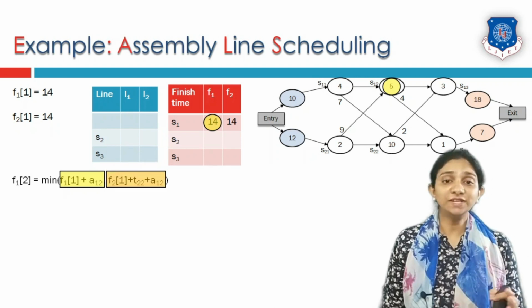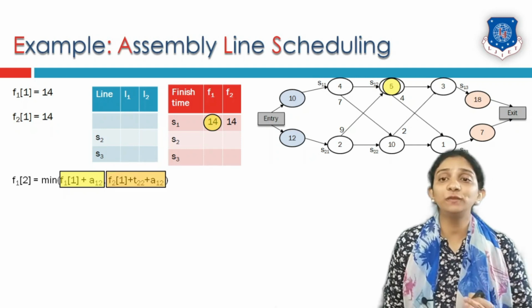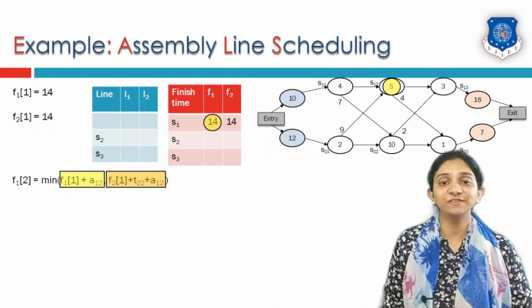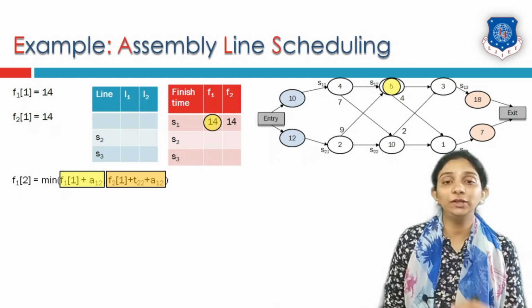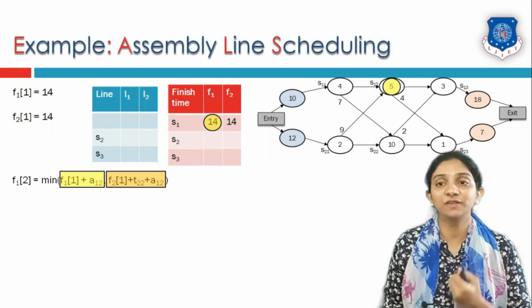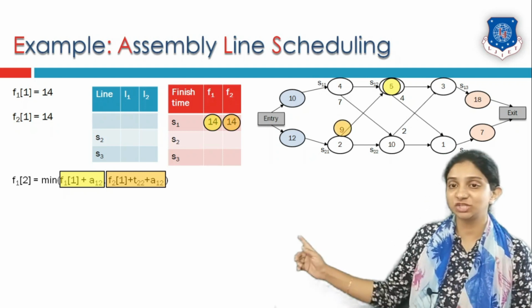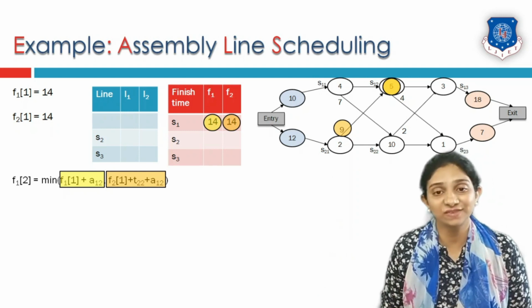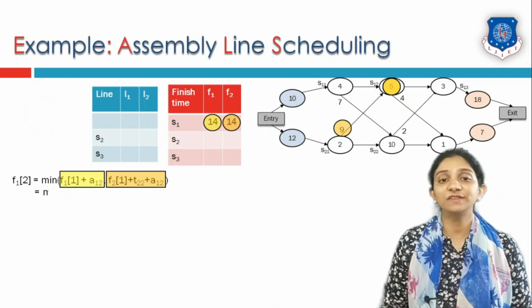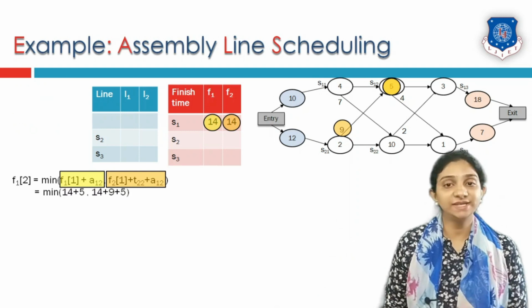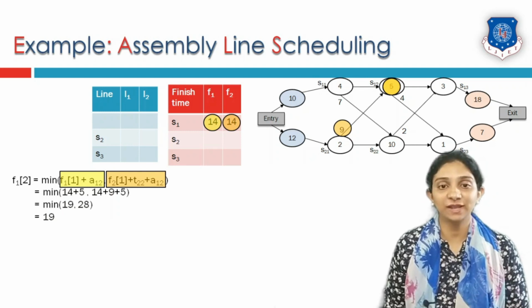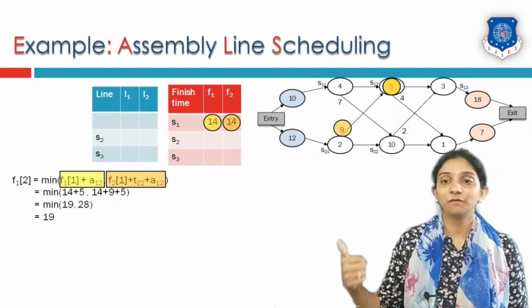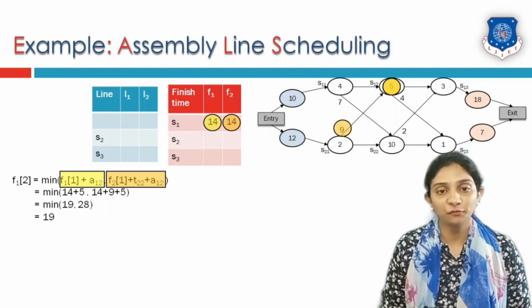What is the second term saying? It is the finish time of line 2 station 1 plus the transfer from line 2 to line 1 plus the processing time. So that is calculated as 14 plus 5, that is our first value, and the second value is 14 plus 9 plus 5.